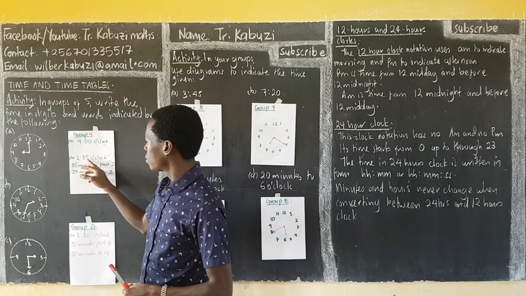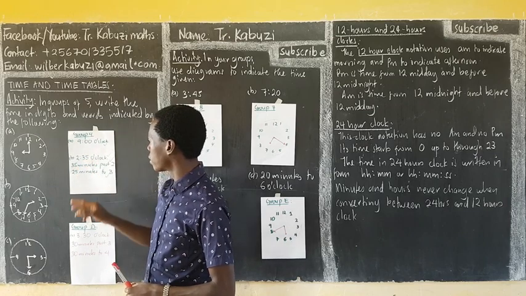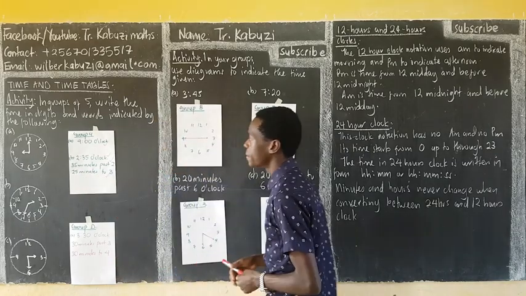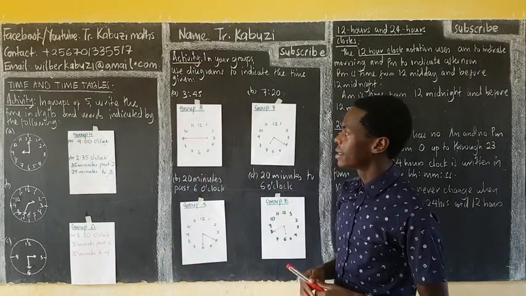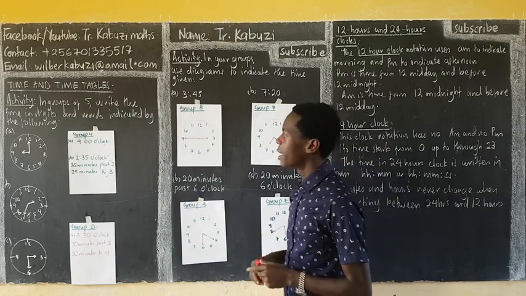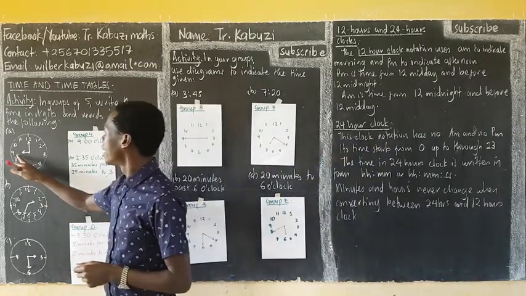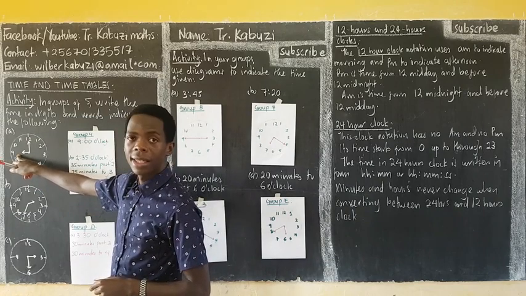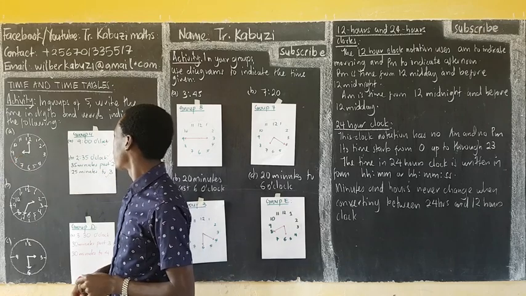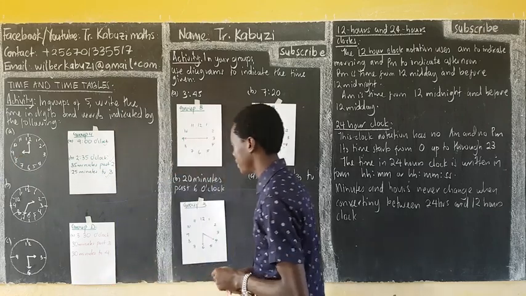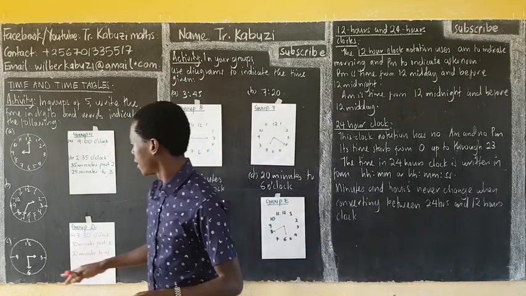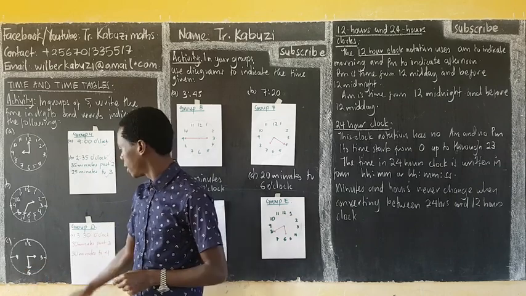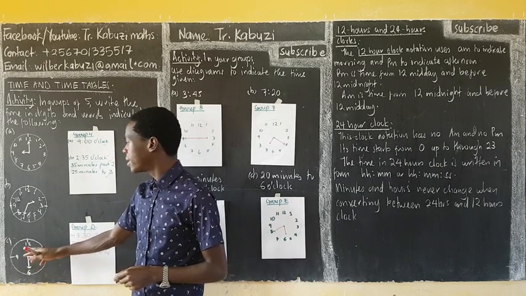Then B is saying 2:35 o'clock, then 35 minutes past 2. Now, when you are reading these things, just looking at it, in hour, this is going to be 3 a.m., but it can also be 3 p.m. For him it's just written directly.